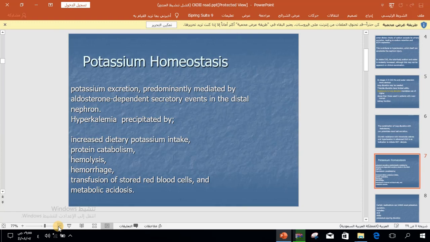Hyperkalemia in CKD is precipitated by increased dietary intake, increased catabolism of proteins, hemolysis and hemorrhage, which is also a complication of CKD, and sometimes stored blood transfusion, which contains a large amount of free potassium, can lead to hyperkalemia, and metabolic acidosis usually augments hyperkalemia.